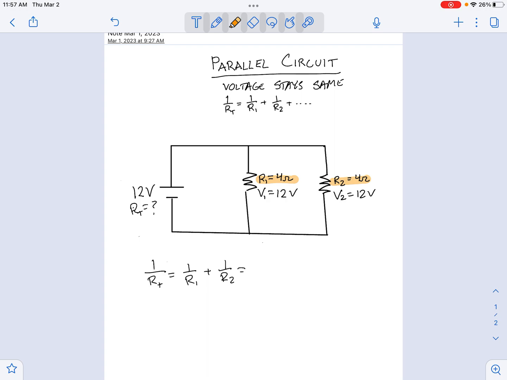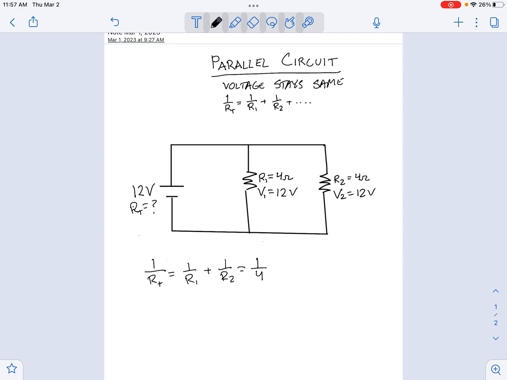So when we plug that into the equation, this would be 1 over 4 plus 1 over 4. Now, it has a common denominator, so that would be 1 plus 1 over 4, which is 2 over 4. And we can reduce that because both of those are divisible by 2, so we can make this 1 over 2. Okay, so we have 1 over RT is equal to 1 over 2.